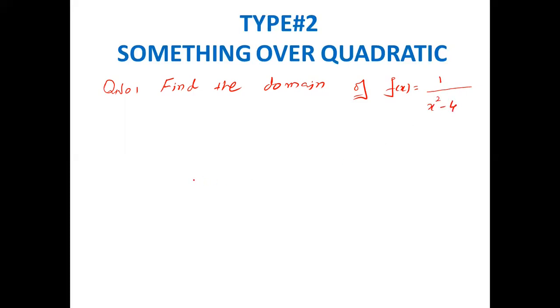Same process we have to repeat. So first of all, write f(x) equal 1 over x square minus 4. Suppose x square minus 4 is not equal to 0. So x square is not equal to 4.